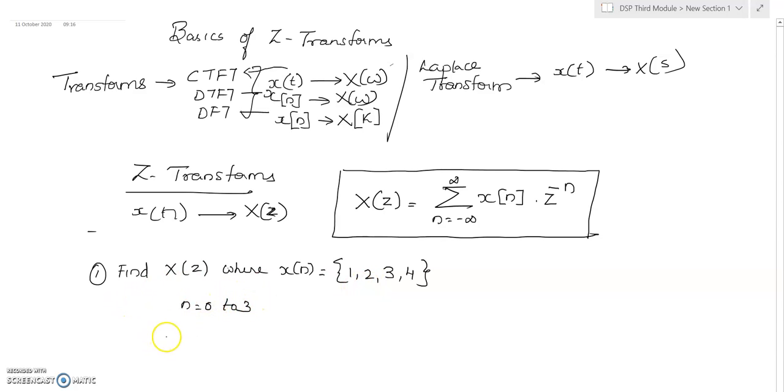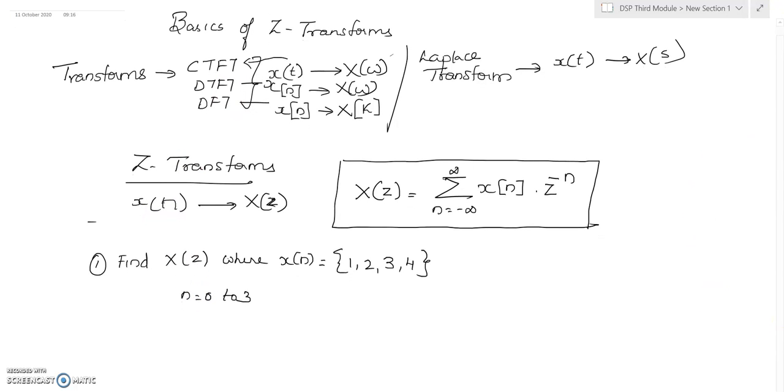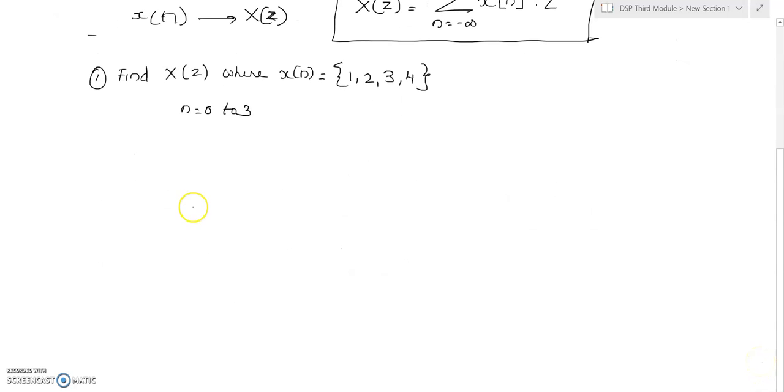If you are supposed to find out x of z, what we are supposed to do is implement this formula. So x of z will be equal to summation n equal to minus infinity to infinity x of n z raised to minus n. As we know, in this question n lies from 0 to 3, so it will be summation n equal to 0 to 3 x of n z raised to minus n.